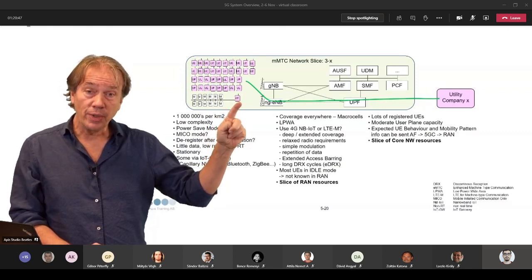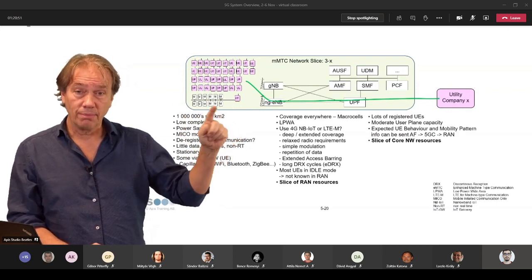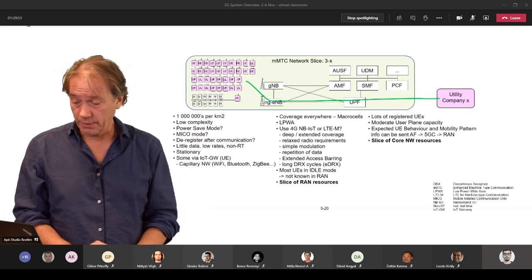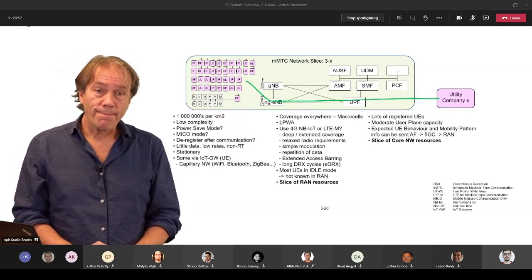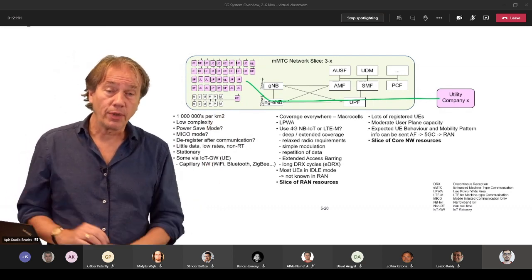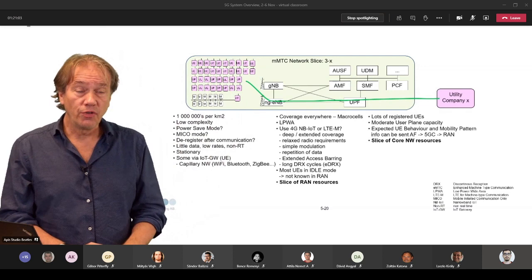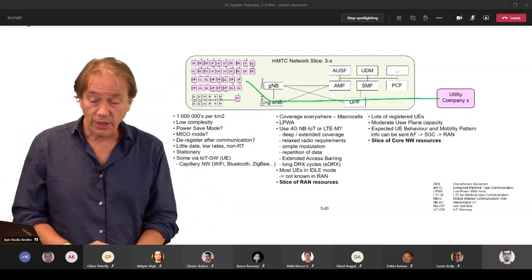So this is the UE, and the actual individual meters are behind the user equipment. And once again, radio network, core network has to be dimensioned to fulfill the requirements for this type of traffic.